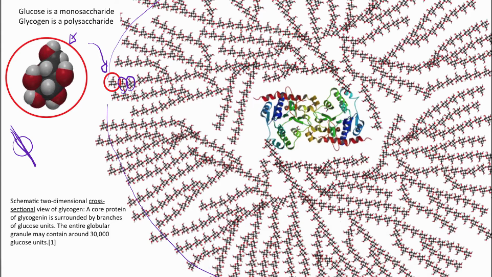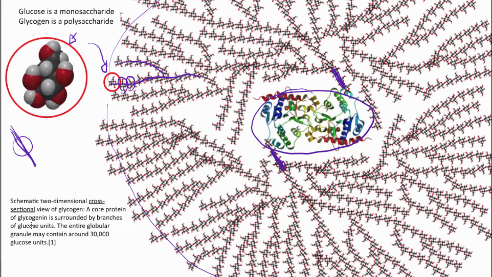So it's extraordinarily large. Here's a long chain of glucose molecules branching off of another chain of glucose molecules. And in the middle of this sphere, these long chains of sugars, of glucose, are attached to this sort of core proteins in the middle that organize the whole thing.